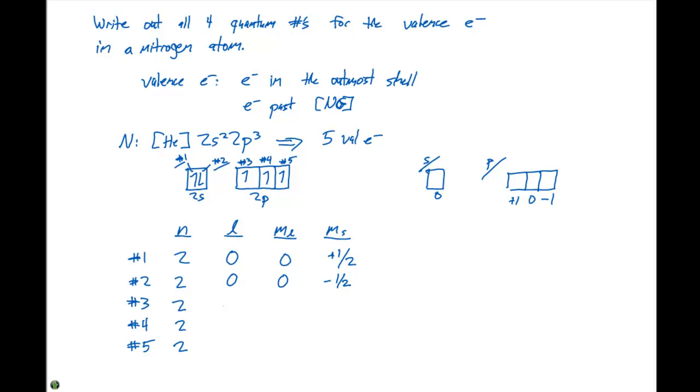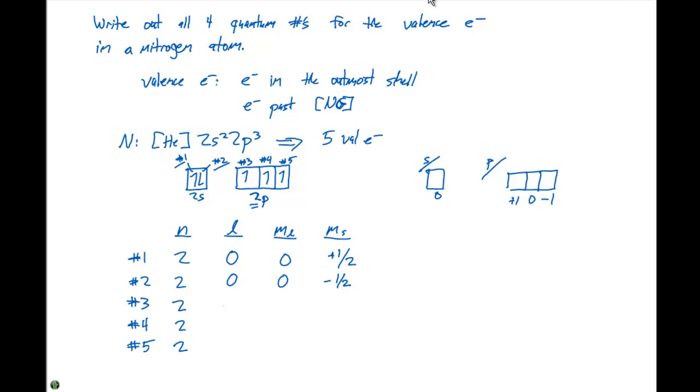So now when we look at electrons 3, 4, and 5, they're going to have the same exact principal quantum number, because they're in the same subshell. We have a 2p orbital here. We're in a p orbital.